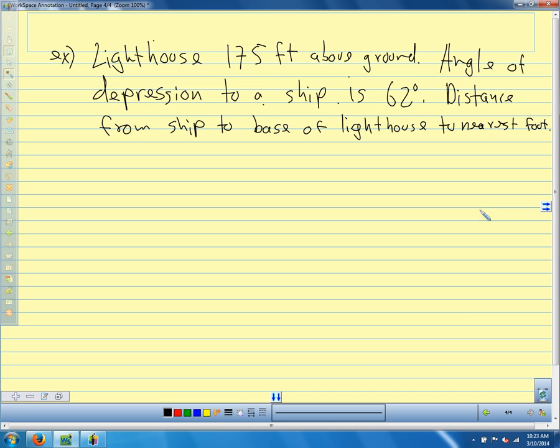So let's draw a picture. They don't give us a picture here. So here's my lighthouse. Nice lighthouse there. And they tell us it's 175 feet tall.